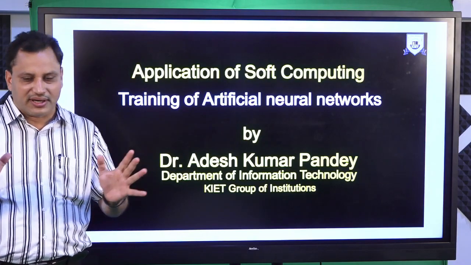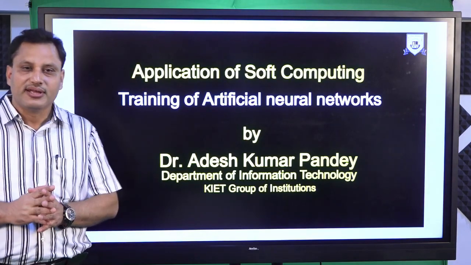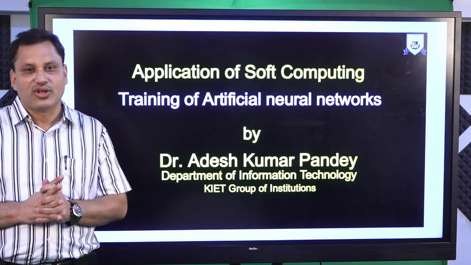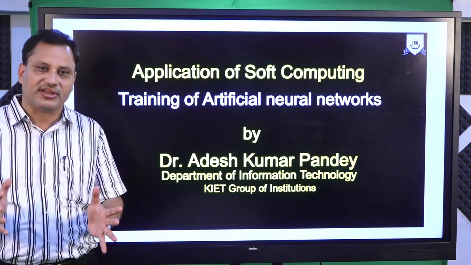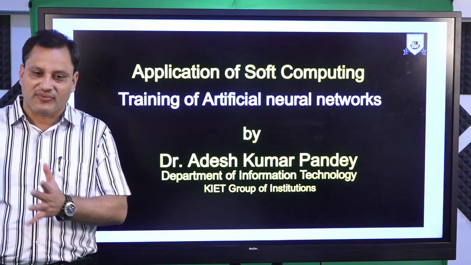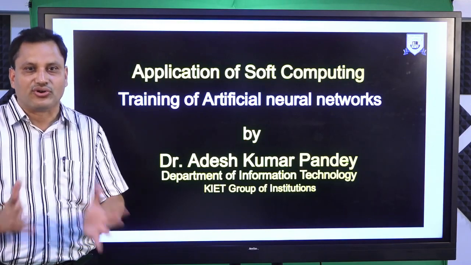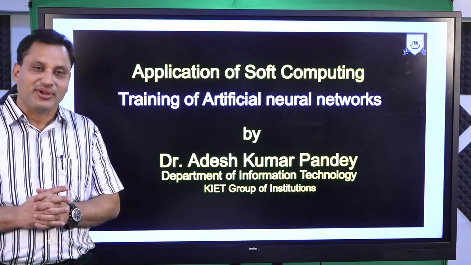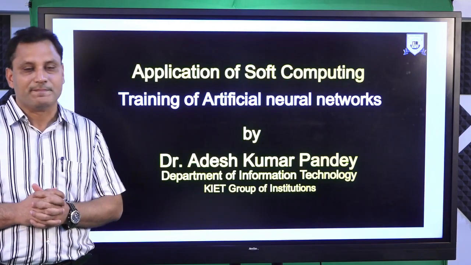Before formally starting the lecture on training of artificial neural networks, let us discuss the scenario of the learning of a child. I think all of us have seen siblings, or seen children, how they grow and how a child learns, and we all remember a little bit of our own journey when we were kids.